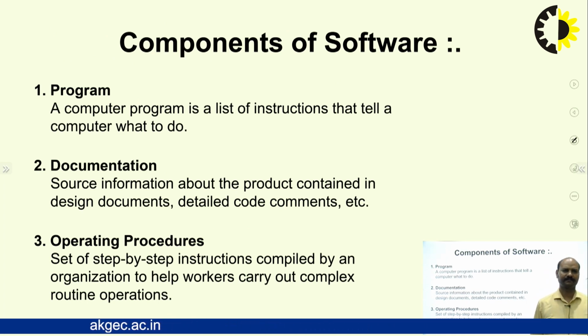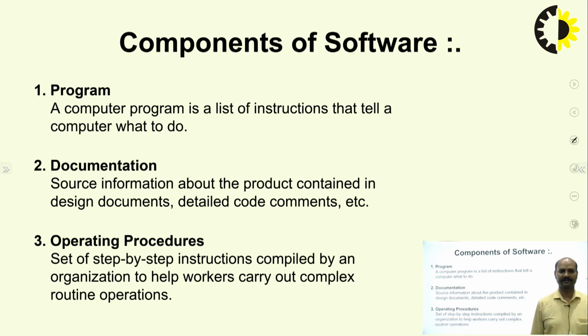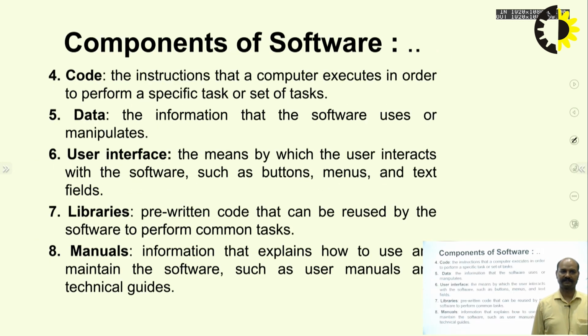The first one is the program. A computer program is a list of instructions that tell a computer what to do. And documentation is a source of information about the product, contained in the design document, detailed code, commands, etc. And operating procedure instructions are compiled by an organization to help workers carry out complex routine operations.